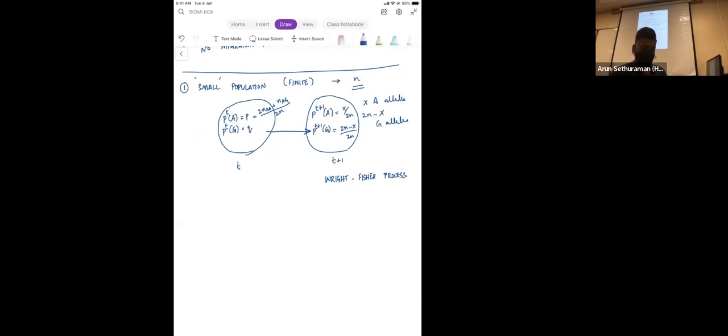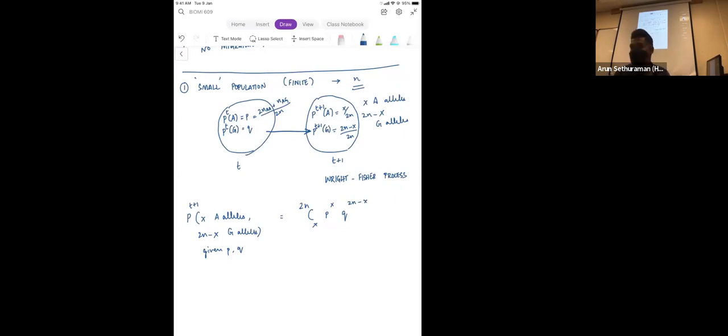So let's say in generation T plus 1, I have X A alleles and 2N minus X G alleles, given P and Q in the previous generation. This can be written as the binomial probability, which is 2N choose X, P to the X, and Q to the 2N minus X. So this is just the binomial probability from one generation to the next.